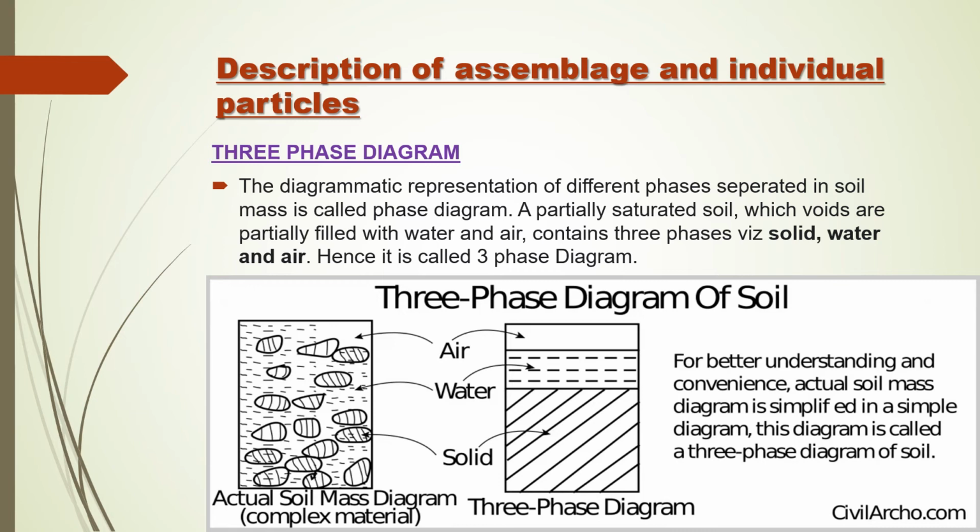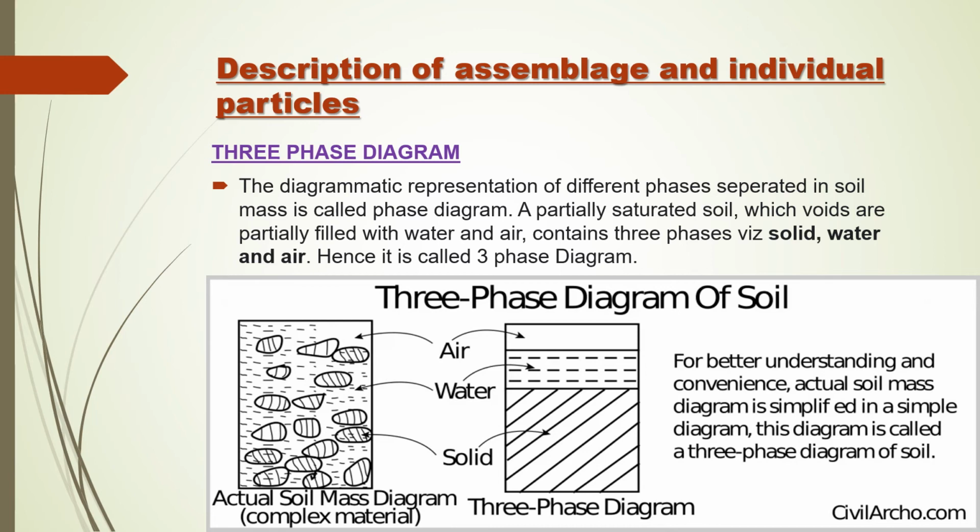The first figure shows the actual soil mass, and the second figure shows the arrangement of air, water and solid in the soil profile. For better understanding and convenience, the actual soil mass diagram is simplified. This diagram is called a three-phase diagram.